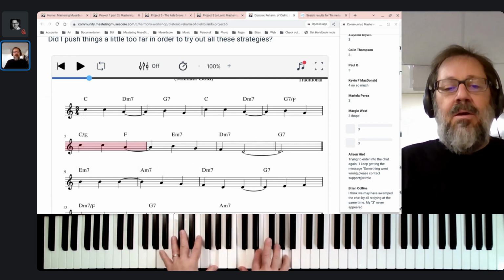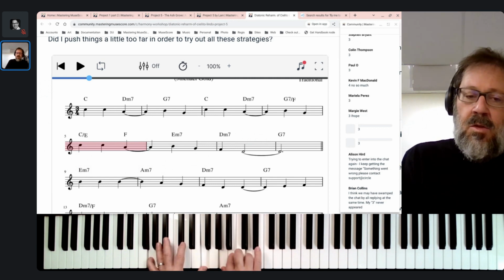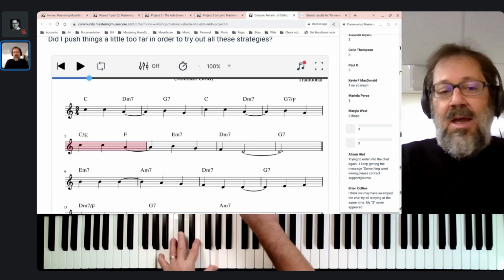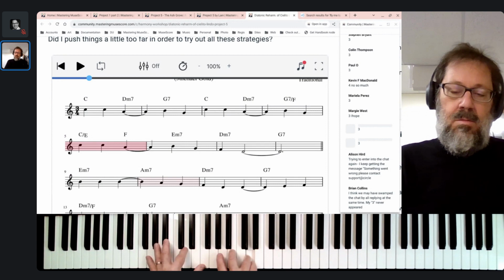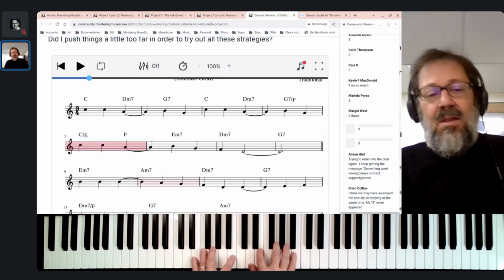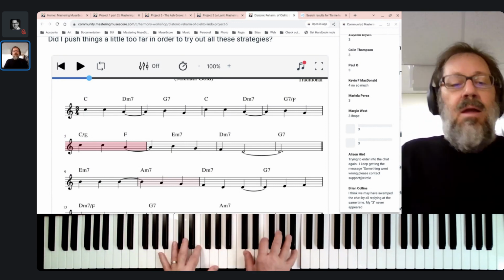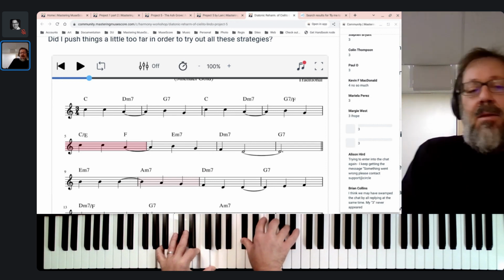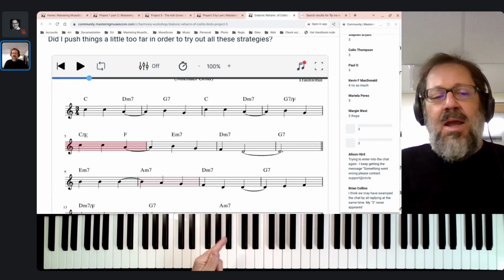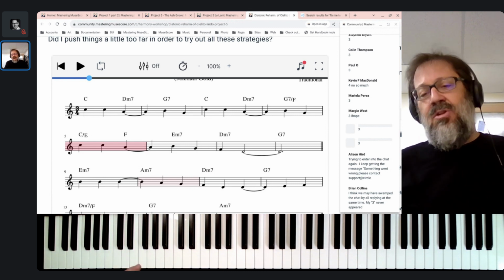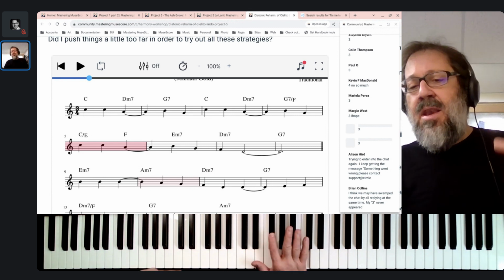E7 to A minor. But the A minor is going down a fifth also, so that could all be dominant 7ths. Or I could let the E be minor and let the A be dominant. That one right there is actually what I would probably do naturally.